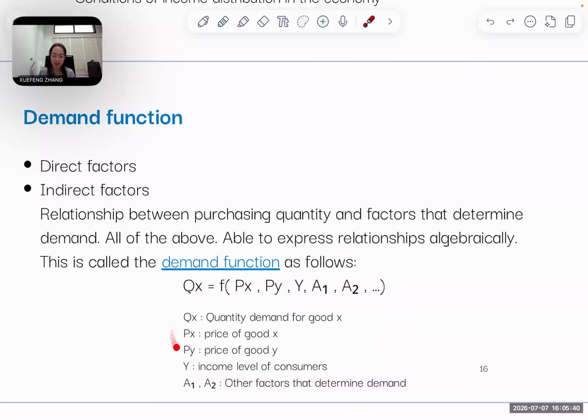So here is the demand function. Nothing new here, right? It's just packaging the whole determinants listed into one algebraic expression. Don't worry about solving it like an equation yet. Just understand it as a compact way of saying that quantity demanded is driven by many factors, right? And price is only one of them.